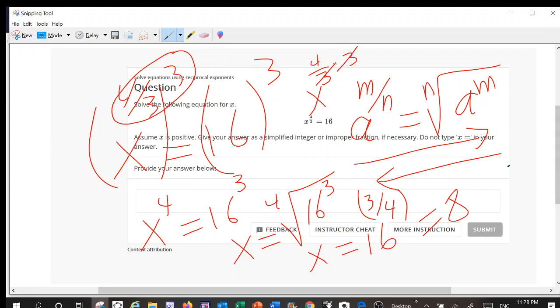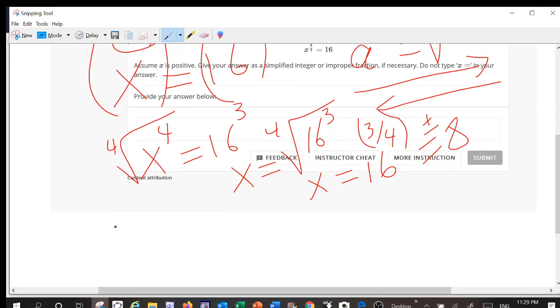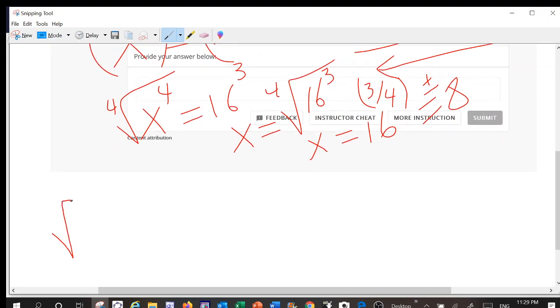Now, here's the problem. If you take an even root of both sides, then you would have to put plus and minus. Because remember, when you take an even root, if you take the nth root of x to the n, this is plus and minus x if n is even.